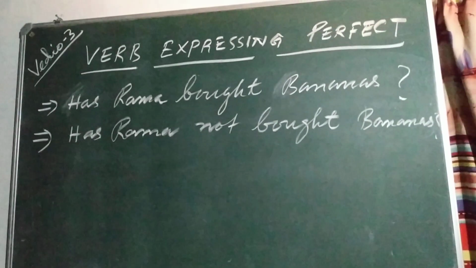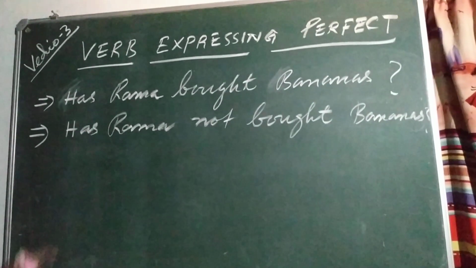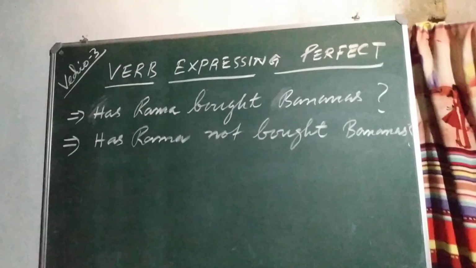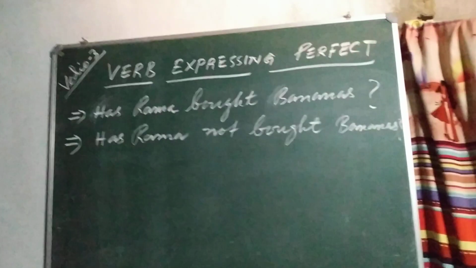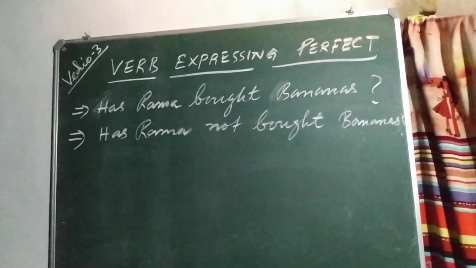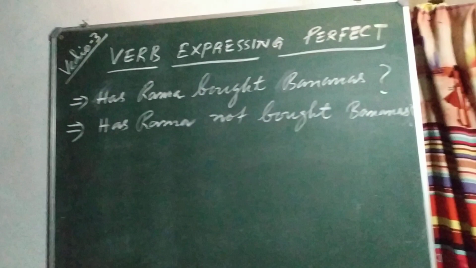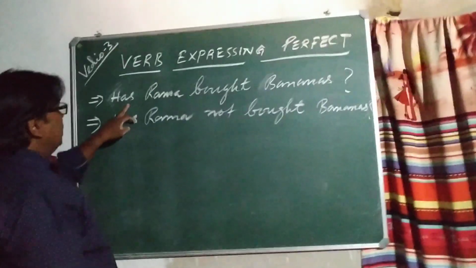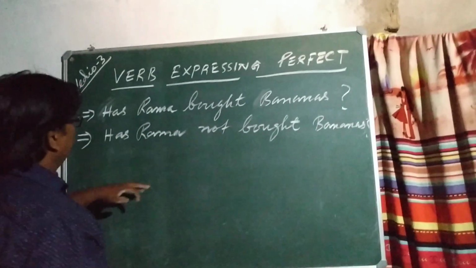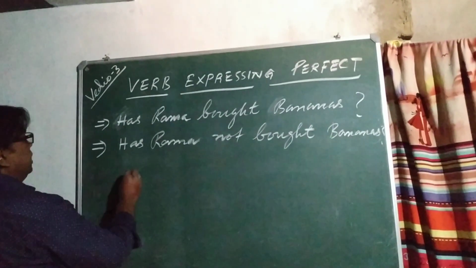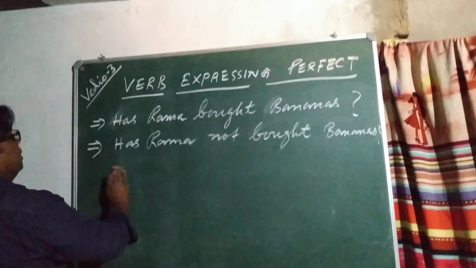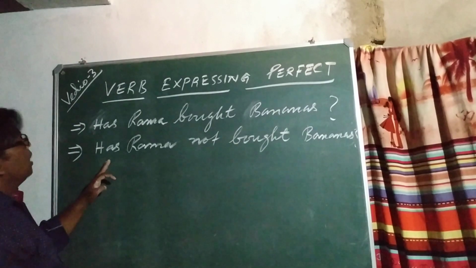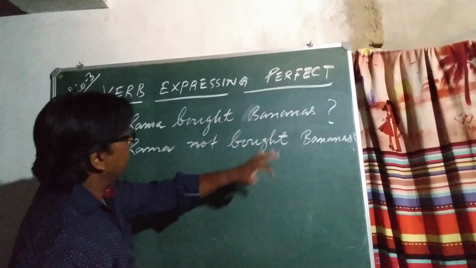Children, we can make the interrogative sentence in two ways, as I explained in the previous video. Now I am going to classify it. According to the rule: Has Rama bought bananas? Has Rama not bought bananas?